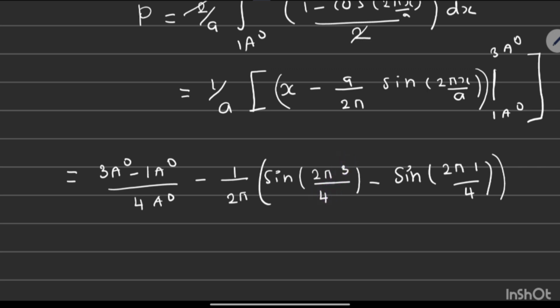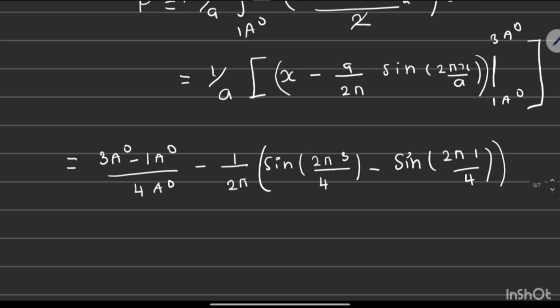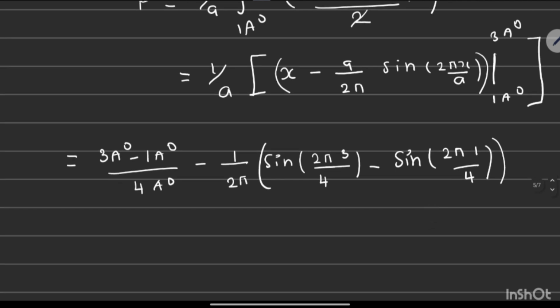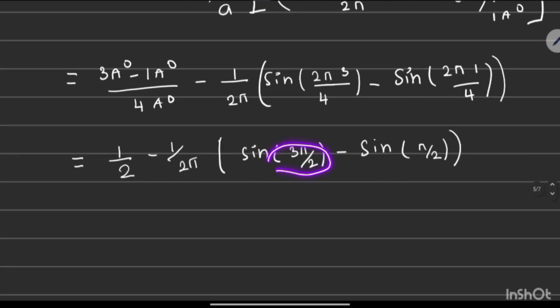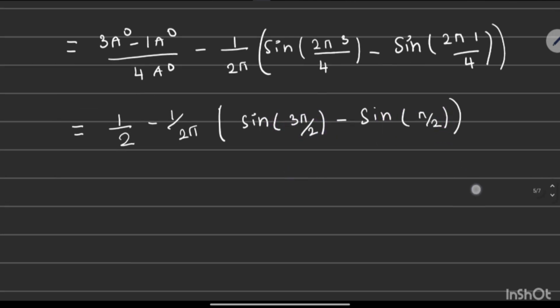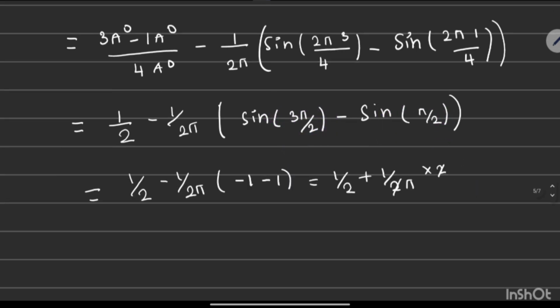It is 1 into 10 raised to minus 10, and cancelling this, one will get sine 3 pi by 2 and sine pi by 2. We know sine 3 pi by 2 is minus 1, and there is already a minus sign, so it will give 1 by 2 plus 1 by pi.